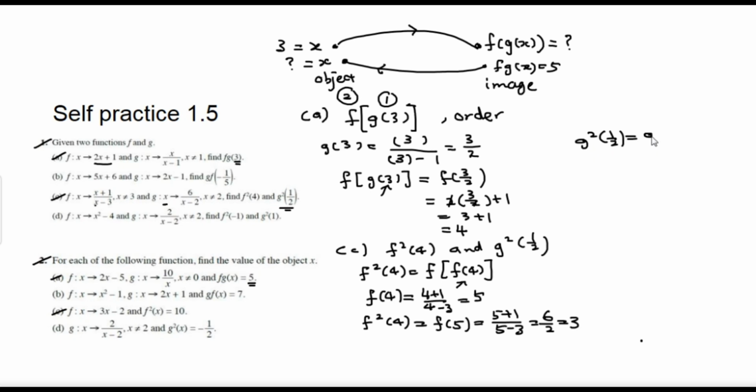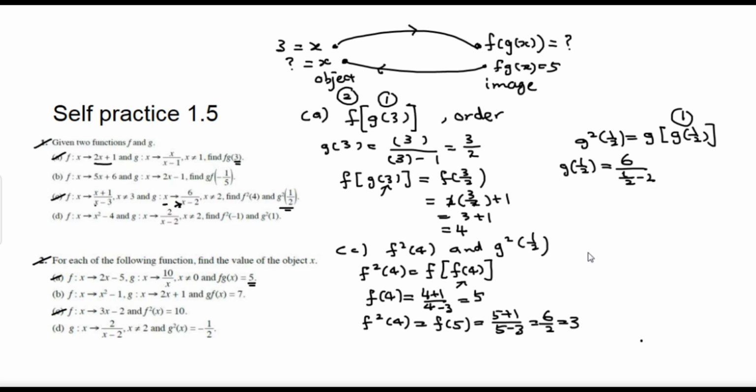Next, we proceed to g squared of half. It is the composite function g(g(half)). Now we solve for g(half) first. So g(half) is equal to, substituting half into this x, 6 over half minus 2.